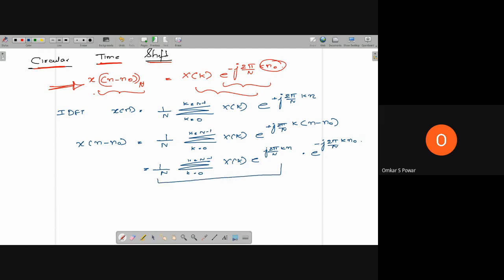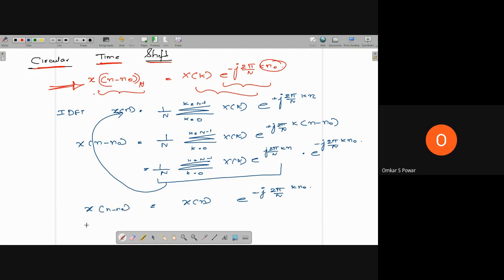So how does this thing look? This is nothing but your x of n, right? 1 by n summation k is equal to 0 to n minus 1 x of k, everything is same. So this one is nothing but x of n e power minus j 2 pi by n k into n naught. Okay, so this is nothing but x of n minus n naught.